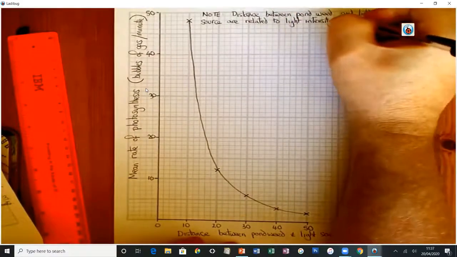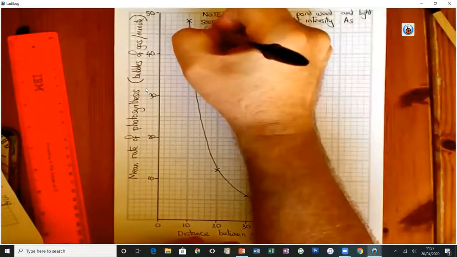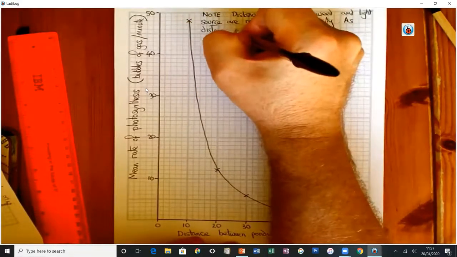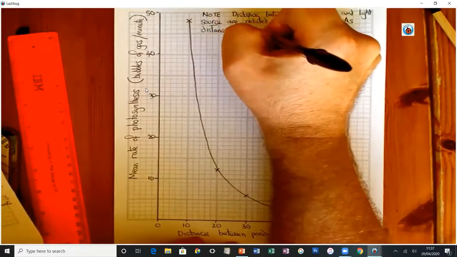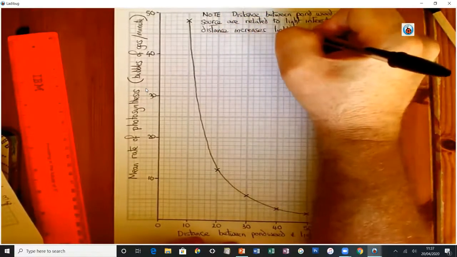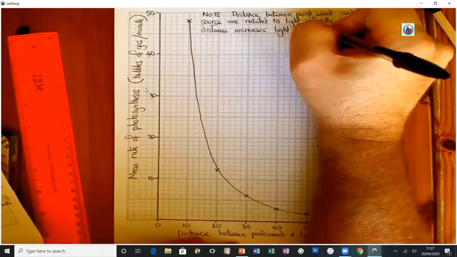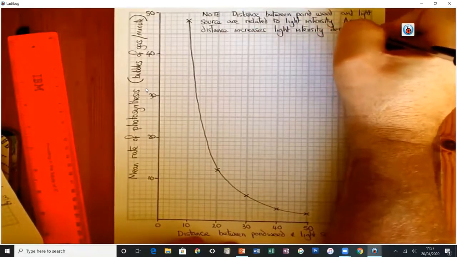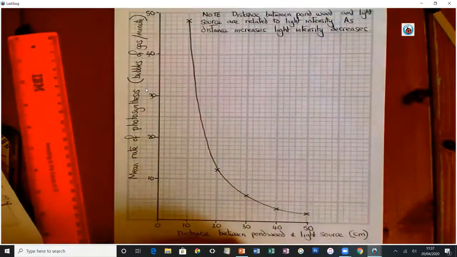Okay. As distance increases, light intensity decreases. Okay, so that's just a little note so we can remember the relationship between distance and light intensity.